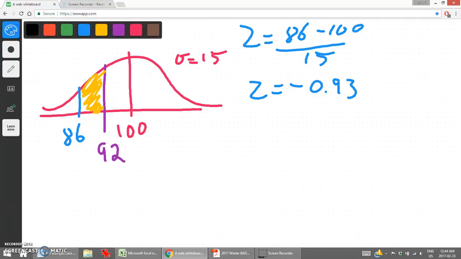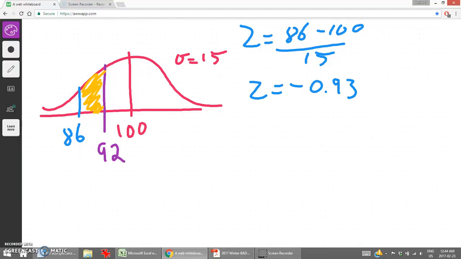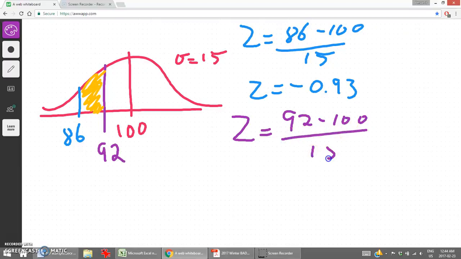Let's do the same thing for our second z value. Z value 92 minus 100 divided by 15. Z value is going to equal negative 0.53. Note how both of those are negative because we're working on the same side of the distribution.